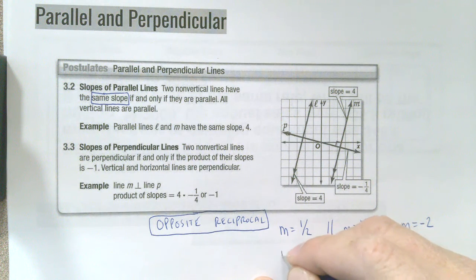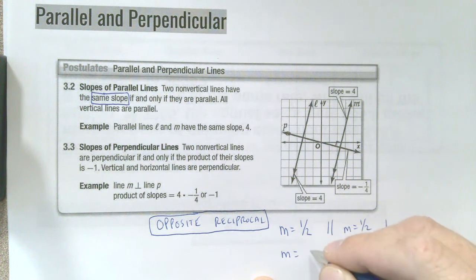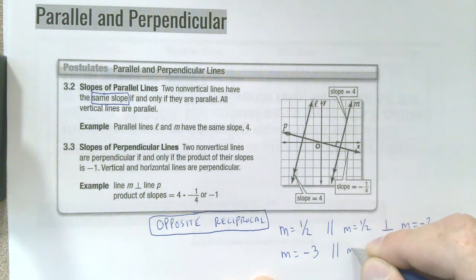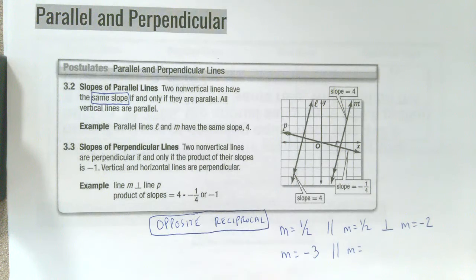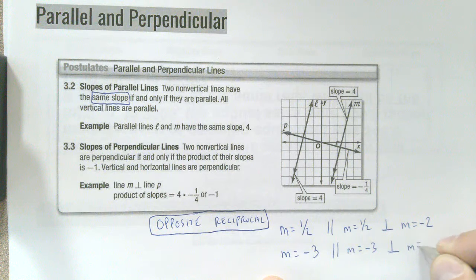Let's do a couple more of those. If slope is, let's say, -3, what would the parallel slope be? -3. What would the perpendicular slope be? It would be just 1/3.